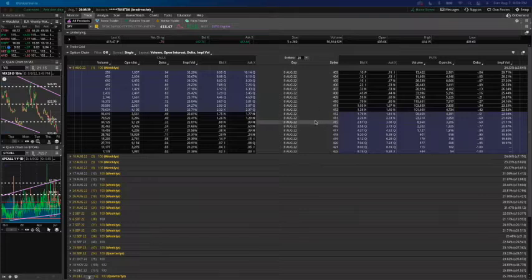So the first rule is just pick your contracts based on important numbers like 415, 410, 420, 405, 400, because the whole point of this is the same as supply and demand.